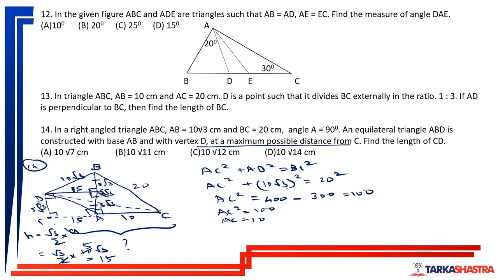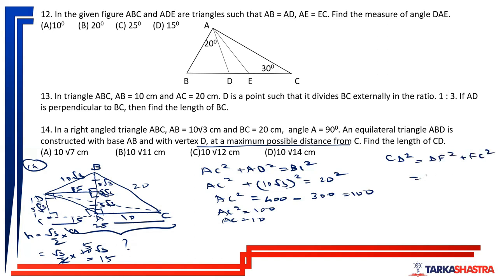Now I have this FC, which is 25, 15 plus 10. And I also have this DF, which is 5 root 3. Can I find out CD? Yes, because CD square is equal to DF square plus FC square.